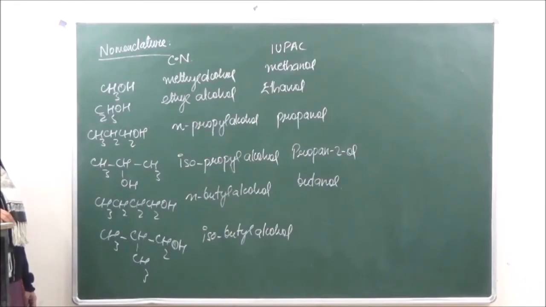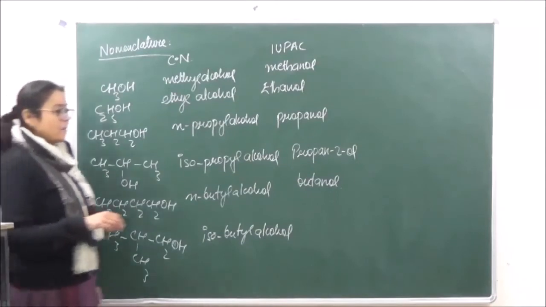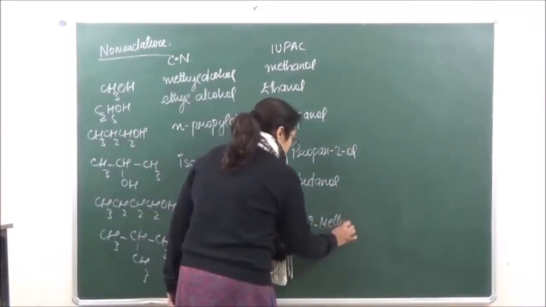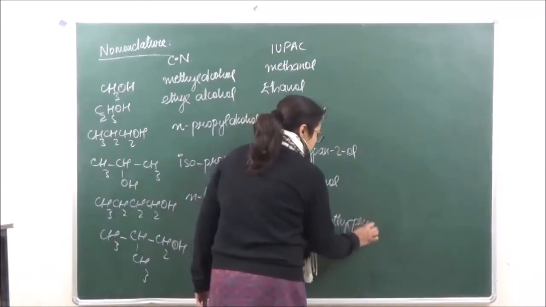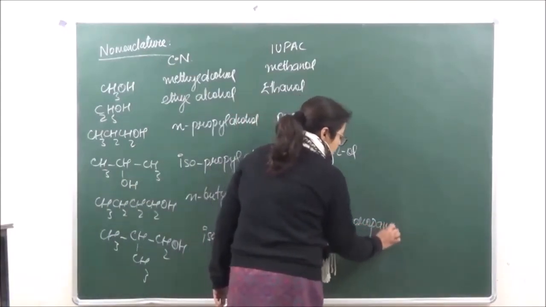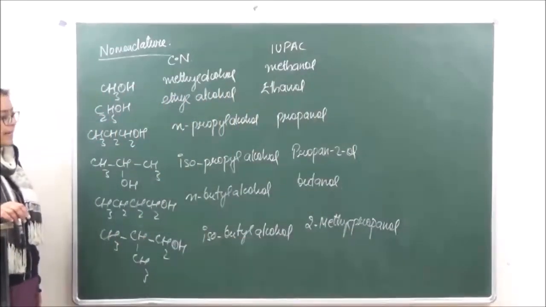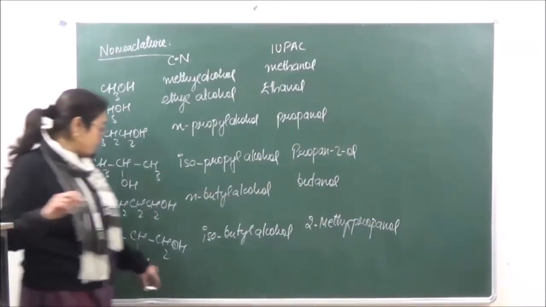Isobutyl alcohol. Okay? And what is going to be the IUPAC name of this? 2-methyl propanol. This is known as 2-methyl propanol. Okay. Now this may have another isomer.